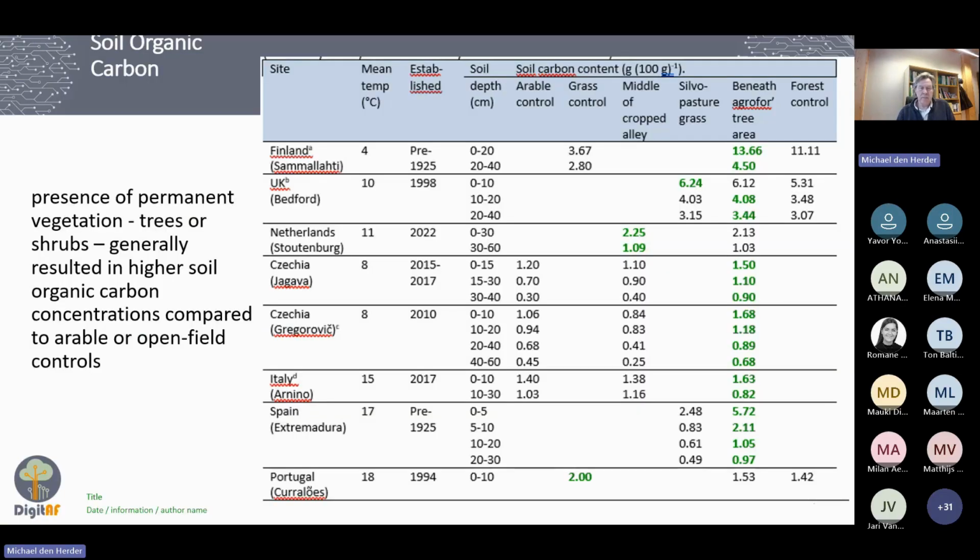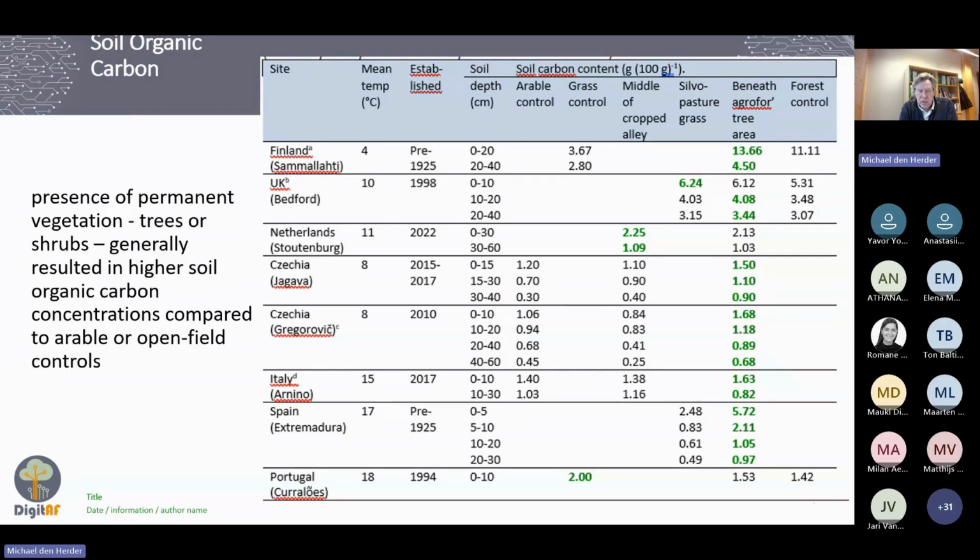Now, if we look at the results, here you see the results from all the countries at different soil depths and in different agricultural practices. Here in green, you see where there was a difference. So you see that in most countries, in the area with the agroforestry trees, the soil organic carbon was a bit higher, or in some cases actually quite a lot higher. That is what we could observe in most countries.